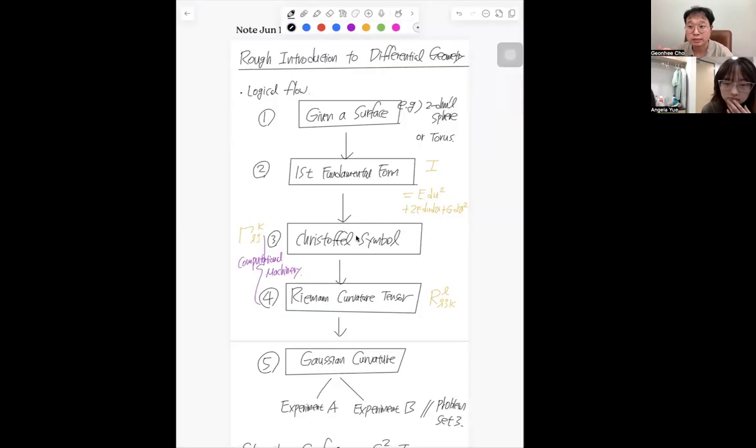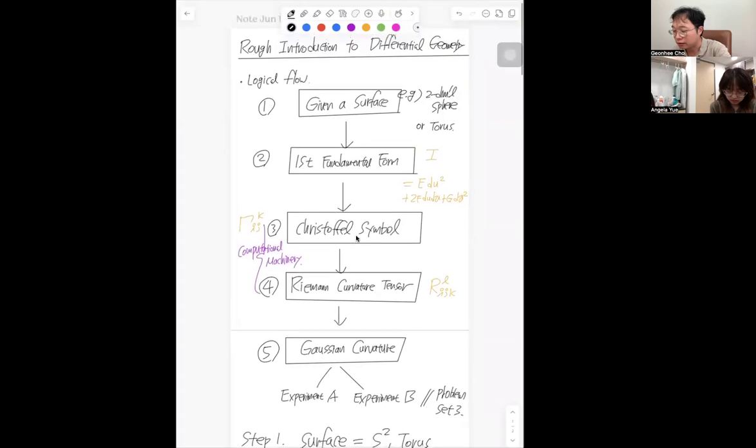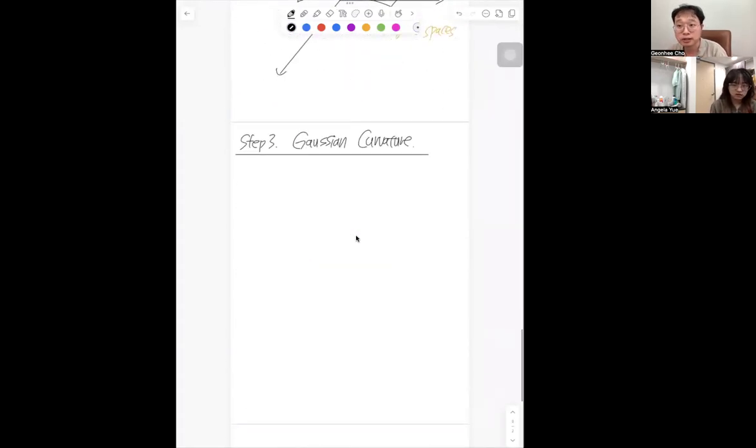That's why I explained the first fundamental form E, F, G. The Christoffel symbols and the Riemann curvature tensor are of course very important, but for us we will just use those as purely computational machinery. So today I need to explain the concept of Gaussian curvature and how we use the Christoffel symbols and the Riemann curvature tensor to proceed the computation. Is that okay with you?